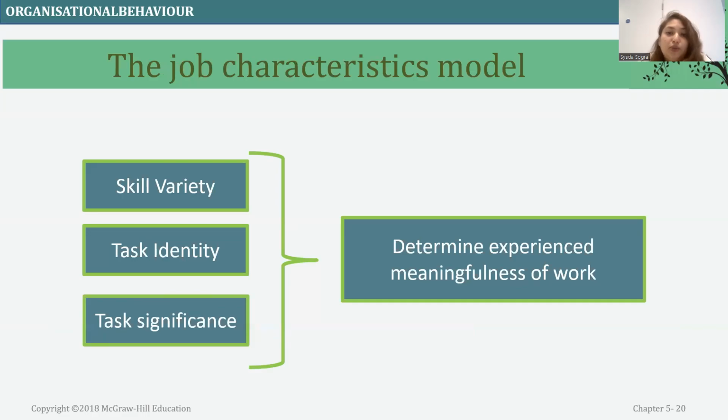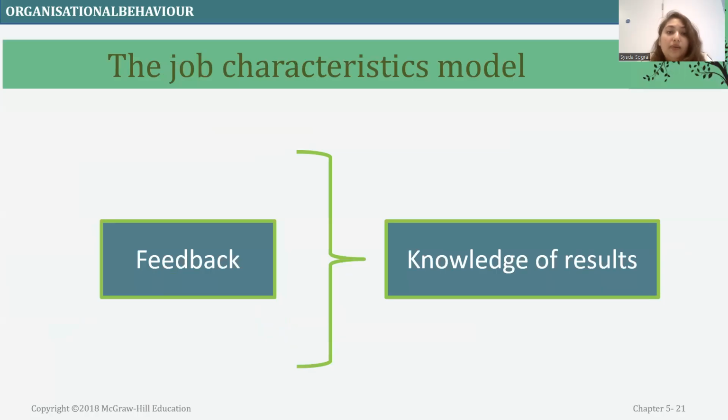The determinant of experienced meaningfulness of work usually comes from the skill variety of the employee, the task identity of the job role being performed, and the task significance as well. Feedback is always given by people who have a certain level of knowledge and experience in that particular field.